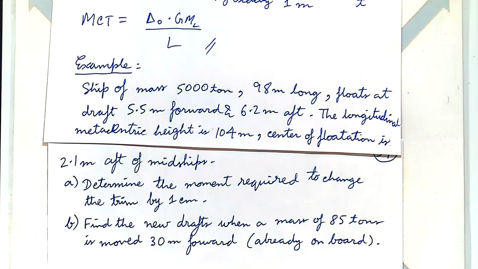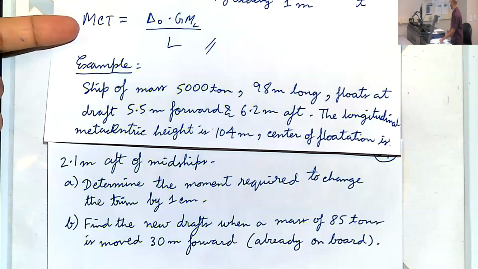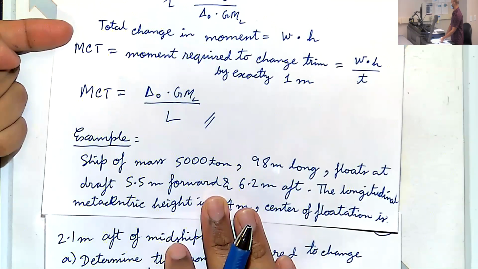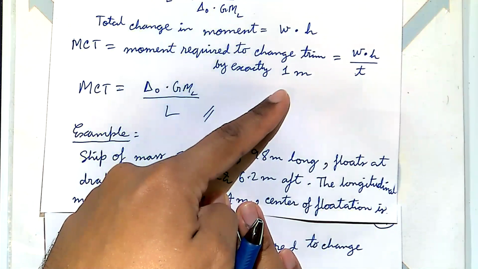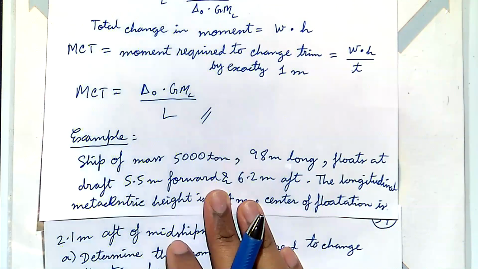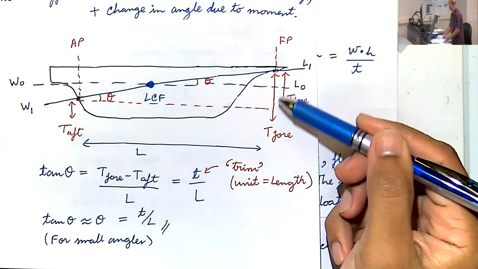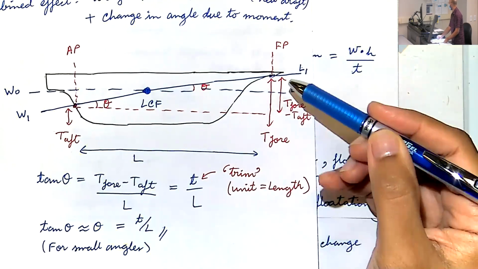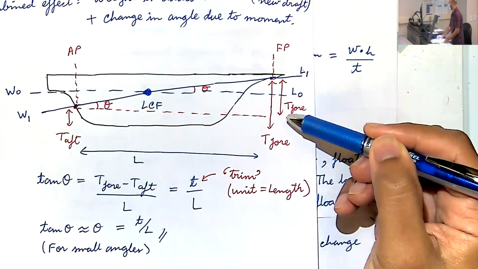All right. So think about this. What does MCT mean? Moment needed to change trim by 1 meter. Okay. Always remember, trim is not angle. Trim is this guy. Difference between forward draft and aft draft. So we're being asked 1 meter is the required change in the drafts, the difference in the drafts.